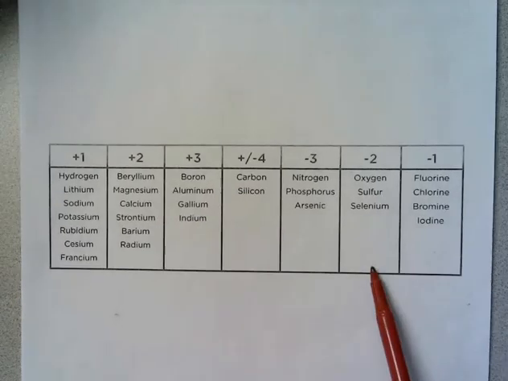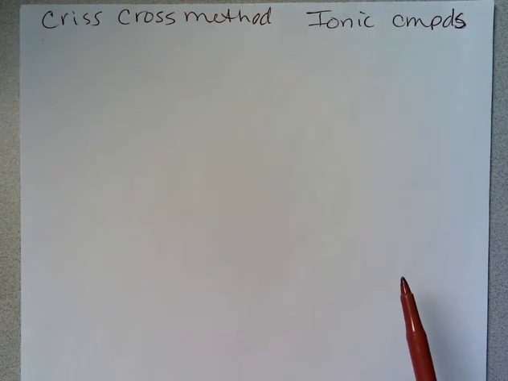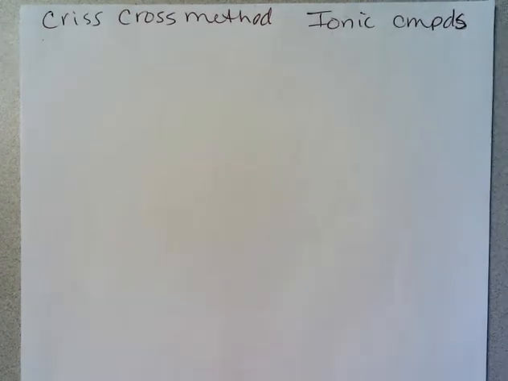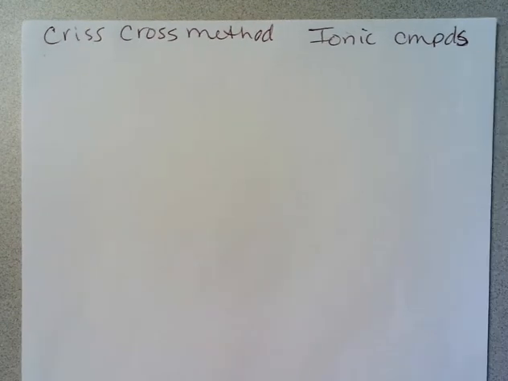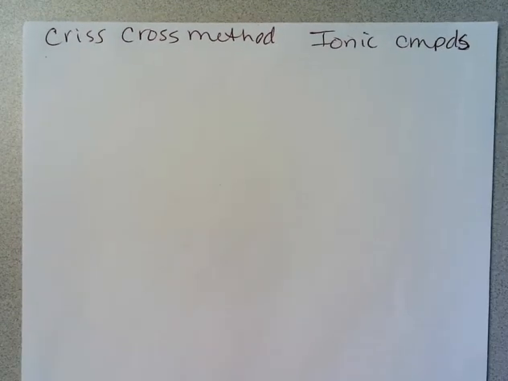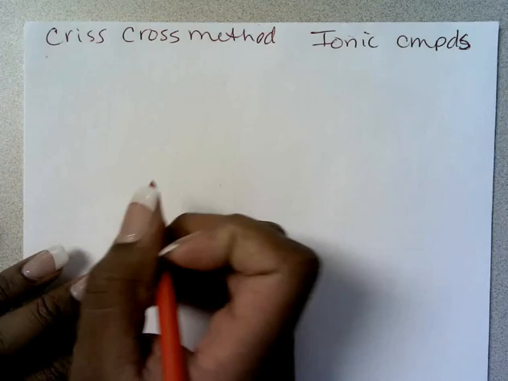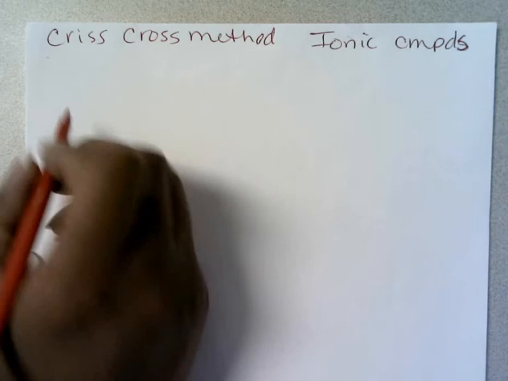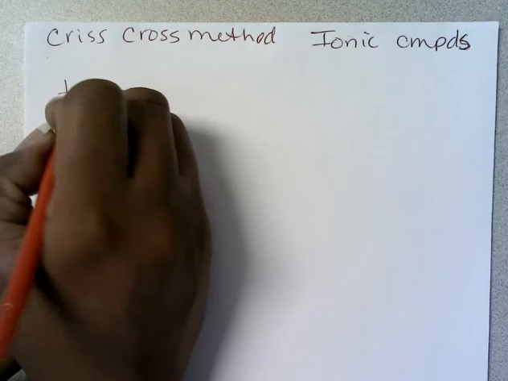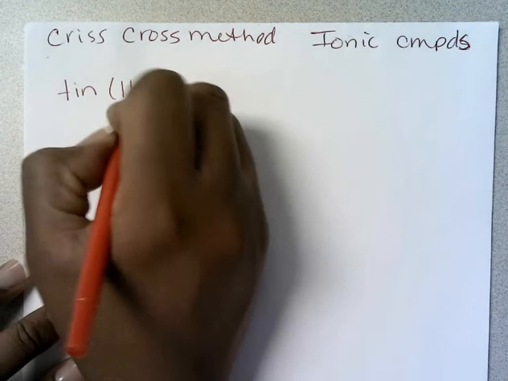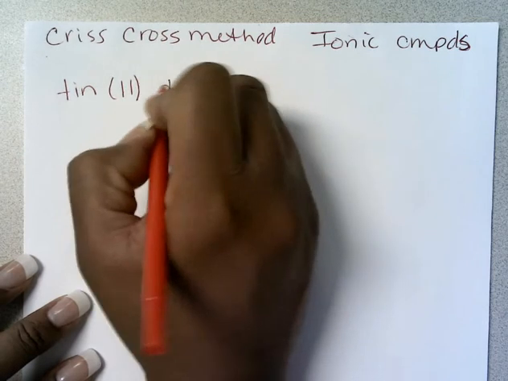Now when we look at the crisscross method, you're going to take any element that will form an ionic bond. The only thing that you're going to need is the oxidation number and the element symbol in order to do this. So just for a quick example, that same example that we ended with, tin(II) and oxygen.